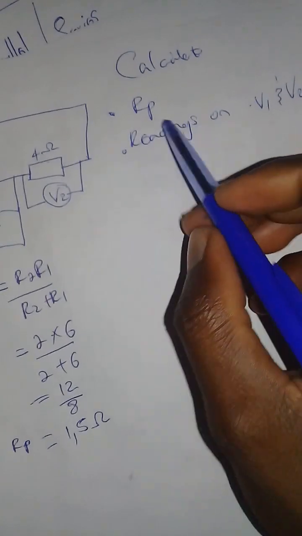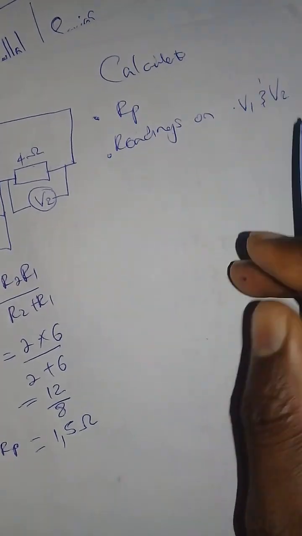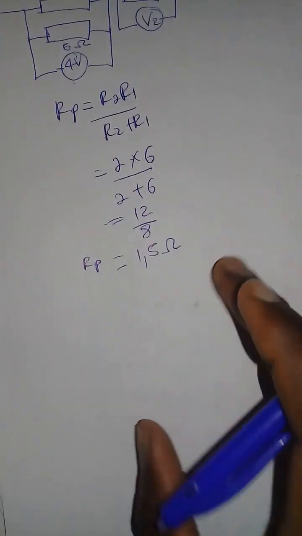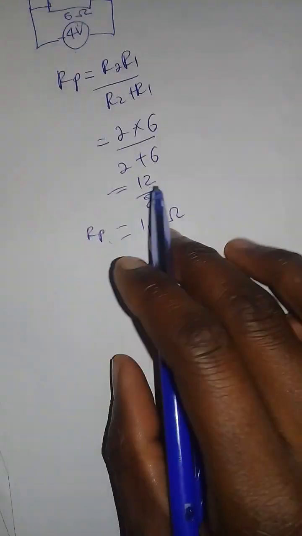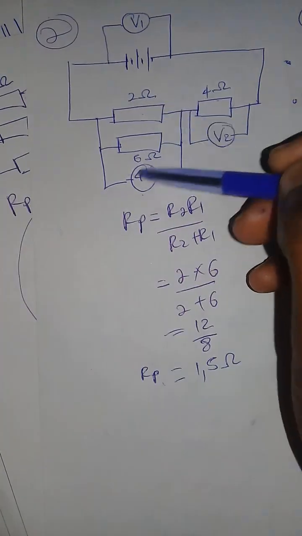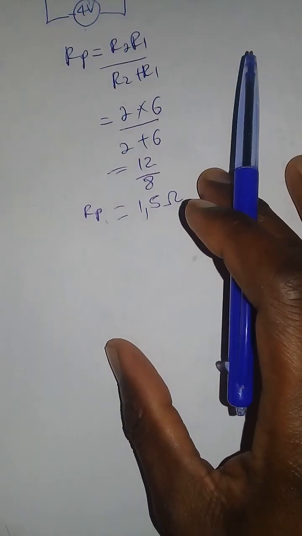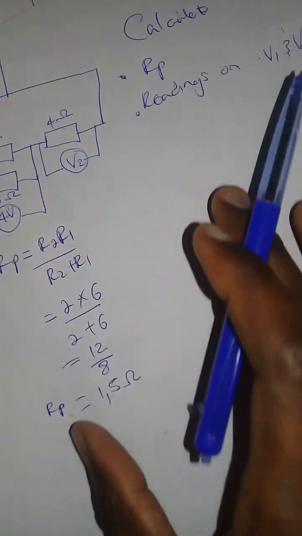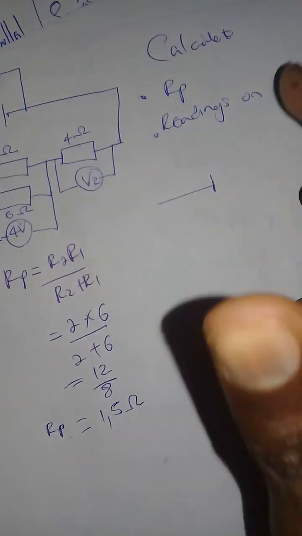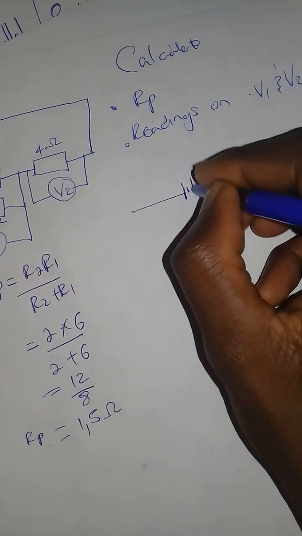Now the next question says calculate the reading on V1 and V2. The interesting part is that we have RP. So if we have RP, I can convert this connection to become a series connection. How do I do that? Let me redraw it like this.